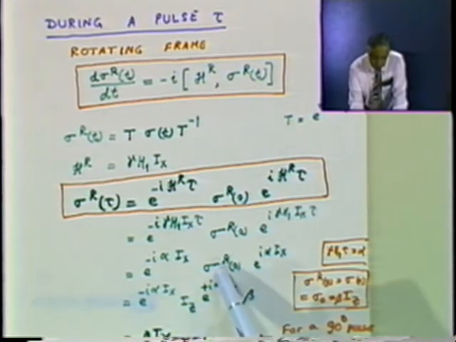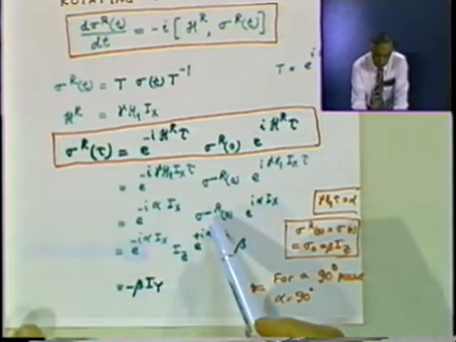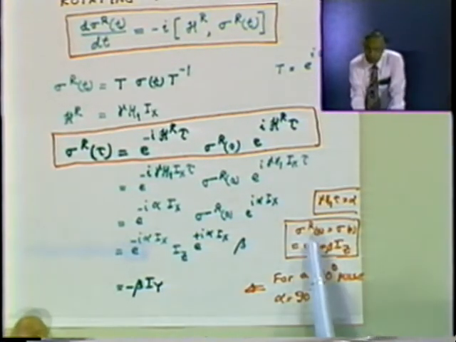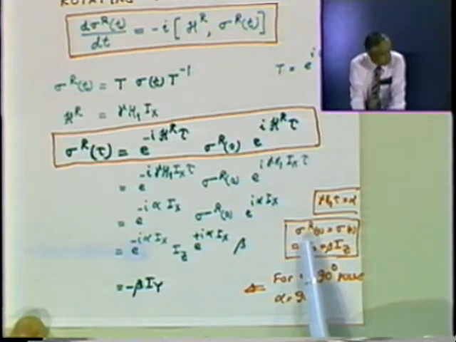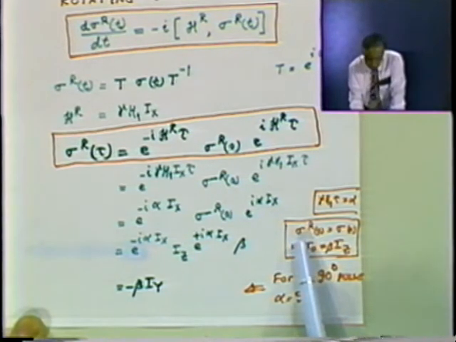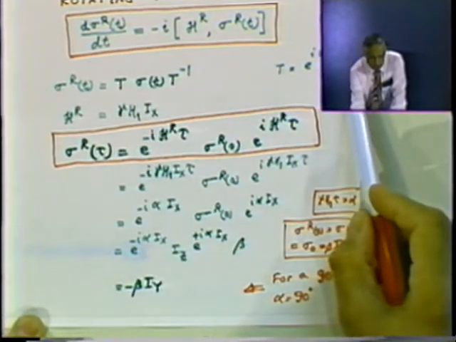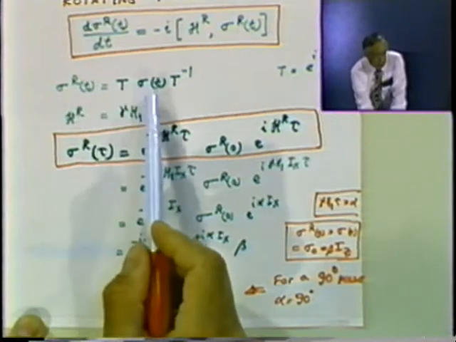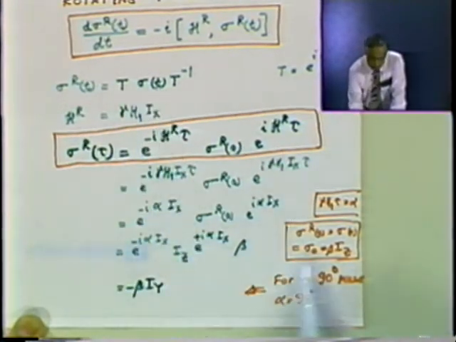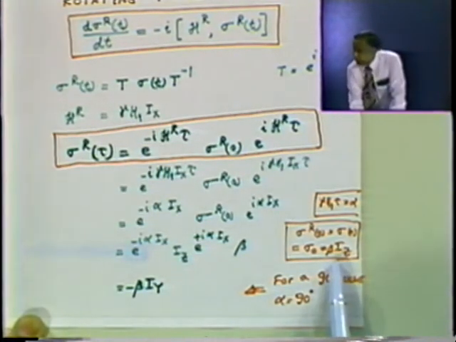And at this point, I substitute what I have, sigma r0. Now, sigma r0, that is, at time t equal to 0, what is the value of sigma in the rotating frame? As you see, if I substitute t equal to 0 here, my sigma r0 is equal to sigma 0, which is beta Iz.